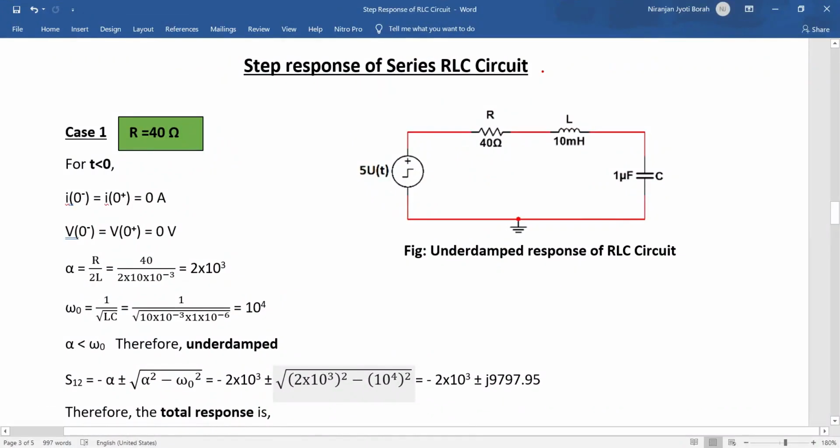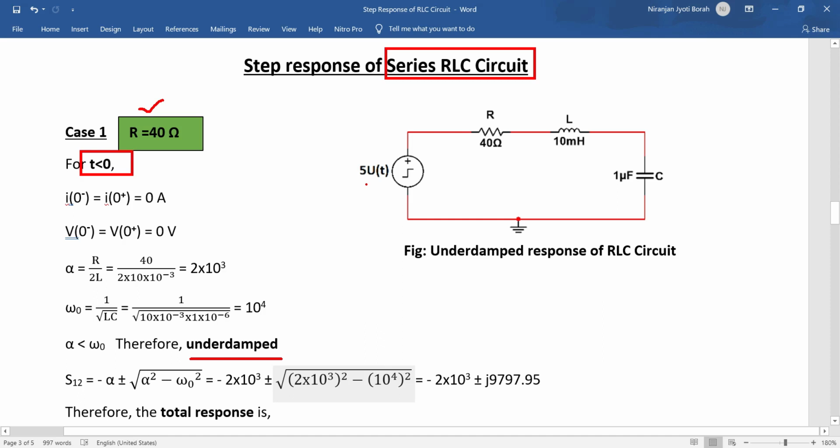Let us discuss the step response of the series RLC circuit for three different resistor values. When R is equal to 40 ohm, we get an underdamped response. Like transient response for first order, we start our analysis by finding the initial conditions, that is, analyzing the circuit for t less than 0.